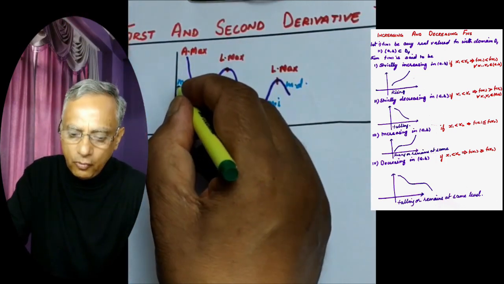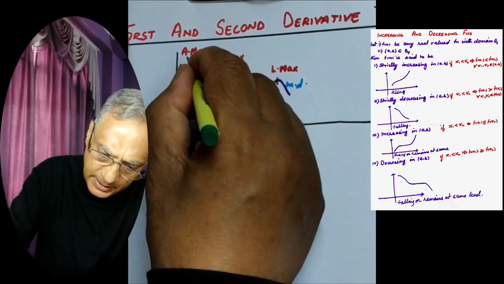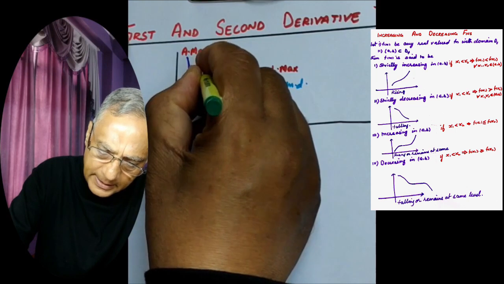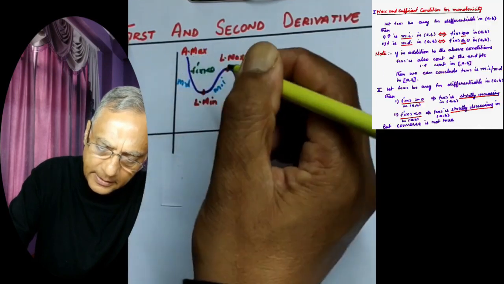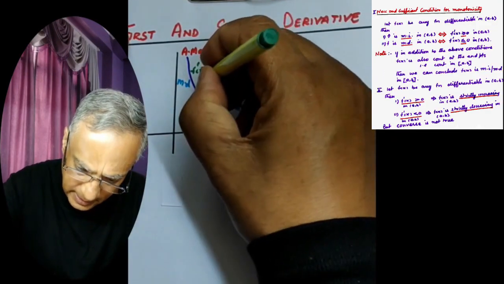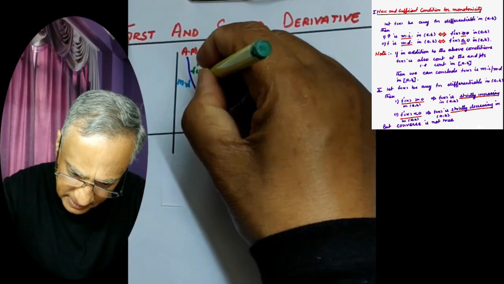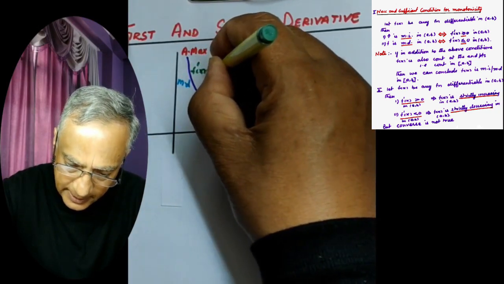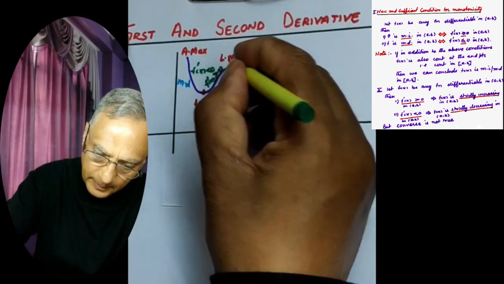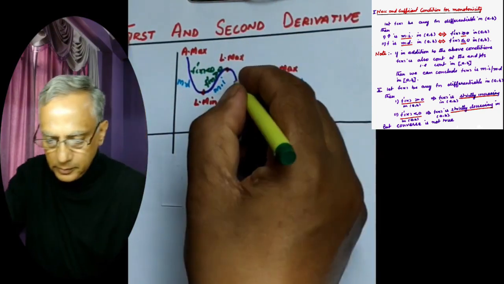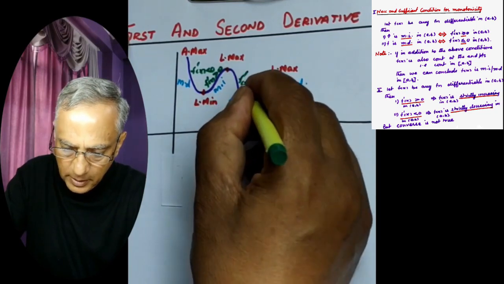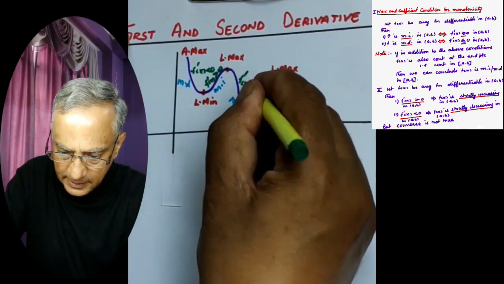And we know for monotonically decreasing functions, f'(x) is less than 0. And here f'(x) is greater than 0. And here f'(x) is less than 0.